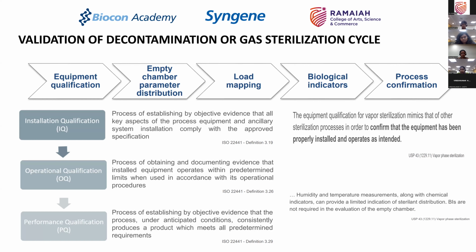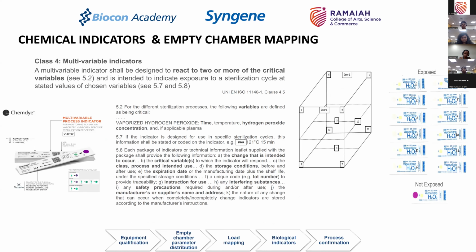So if you are doing an isolator where VHP decontamination is happening, or a VHP pass box where you are doing the VHP decontamination cycle, you have to pre-qualify the equipment from a URS, DQ, IQ, OQ, PQ perspective. Without that you cannot start. So I'm not going to deep dive into that. There are certain ISO definitions which are already provided here for reference, and you can read through them.